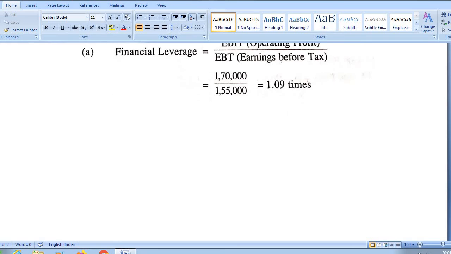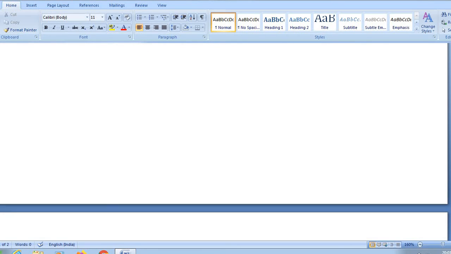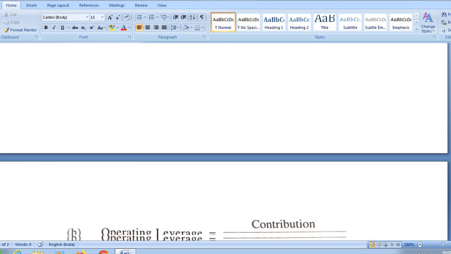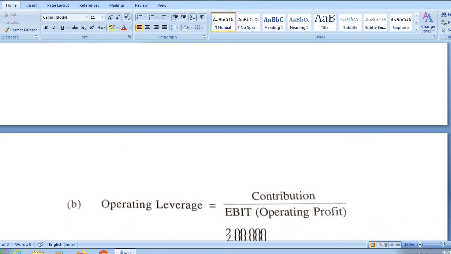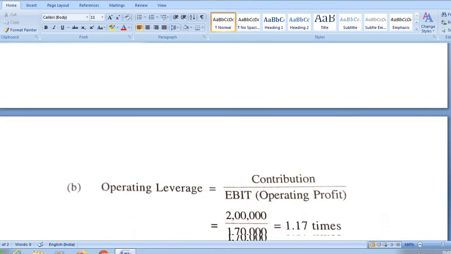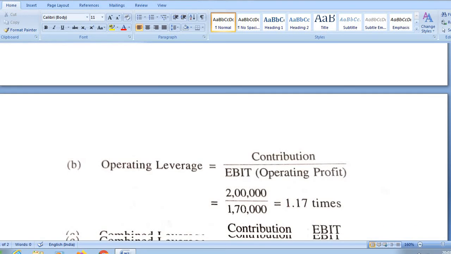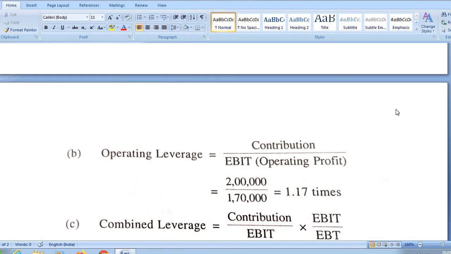So this is one. Next one, operating leverage. Operating leverage is equal to contribution divided by EBIT. According to the master table that we have prepared, contribution amounted to rupees 2 lakhs. Here again, see, contribution and EBIT. In the case of operating leverage, the fixed cost plays a very vital role.